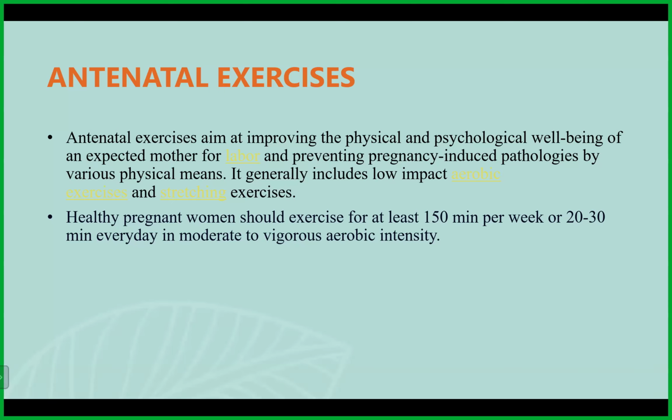It will include aerobic exercise and strengthening exercises. Let's talk about the guidelines, which say 150 minutes per week of exercise is the minimum which a mother should do. That is about 20 to 30 minutes daily in moderate to vigorous aerobic intensity. This is as per guidelines. So shall we move forward?